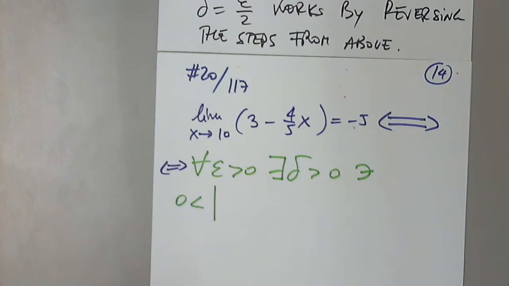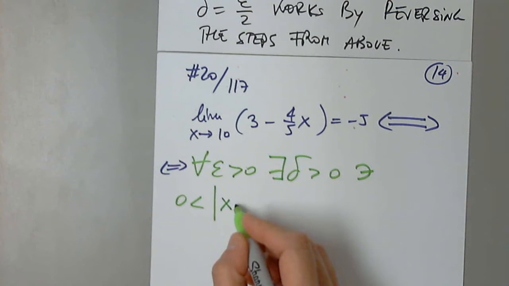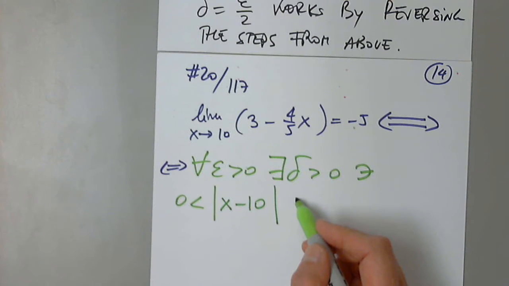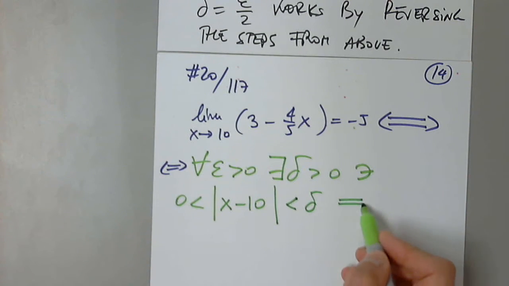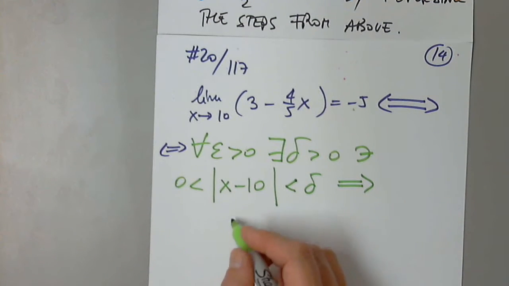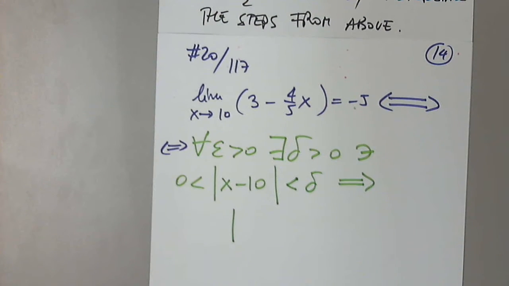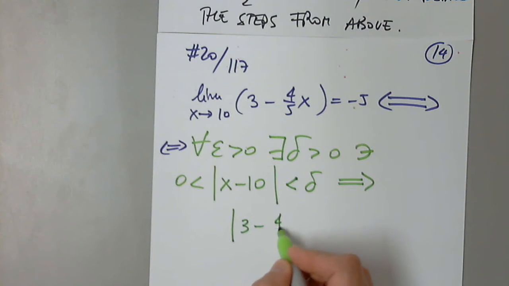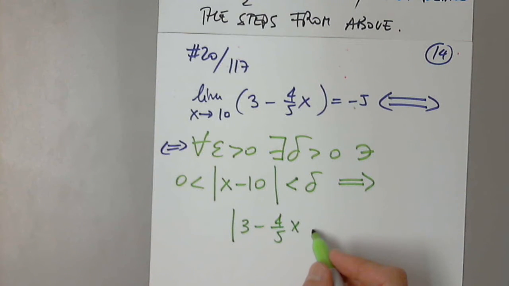yes, 0 less than the absolute value of, and now I have to be careful what to replace and where. Remember, x, a, and delta work together. The function, L, and epsilon are together. So x minus 10 in absolute value less than delta will always imply, for sure, the distance between 3 minus 4/5 x minus?